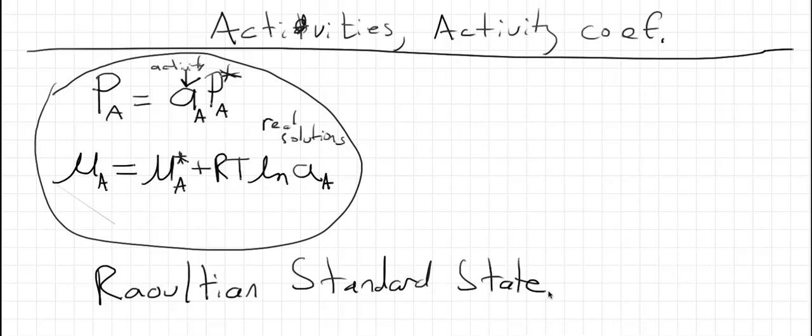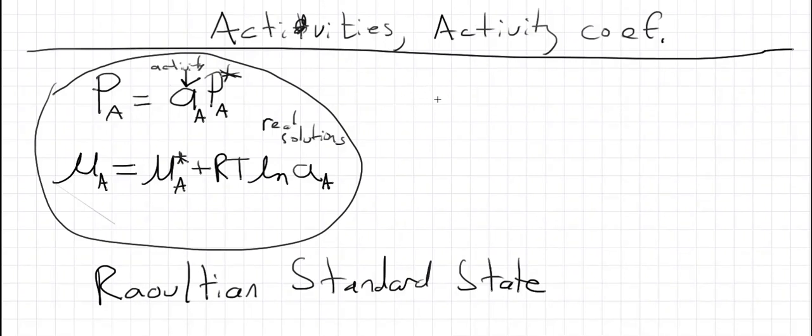Okay, so for gases, we've already talked about the 1 bar standard state, that the standard state for gases is to be at 1 bar pressure. Well, for solvents, when we use our Raoultian standard state, the standard state is pure stuff. So we're talking about deviations from pure stuff. And as we get closer and closer to pure stuff, we're going to get smaller and smaller deviations. Now we characterize these deviations by an activity coefficient.